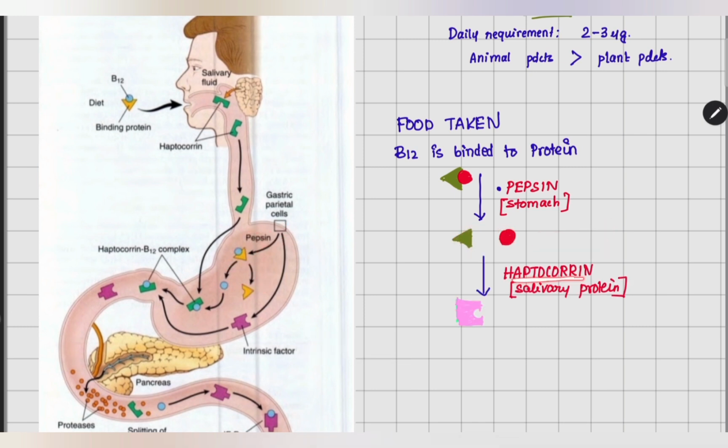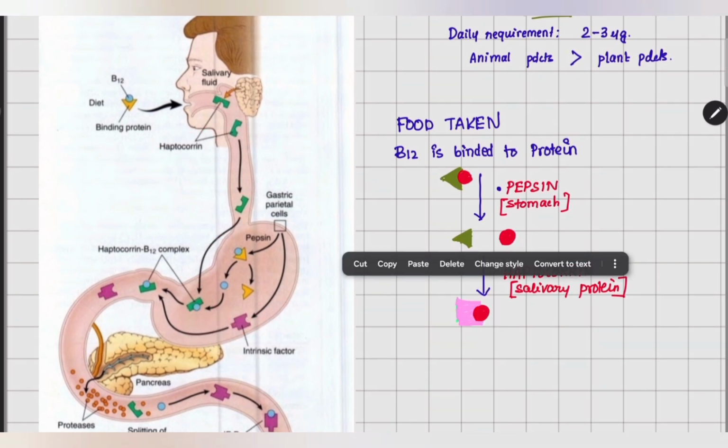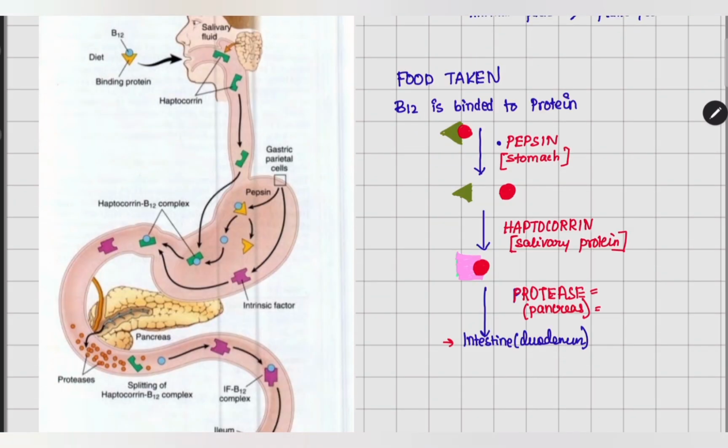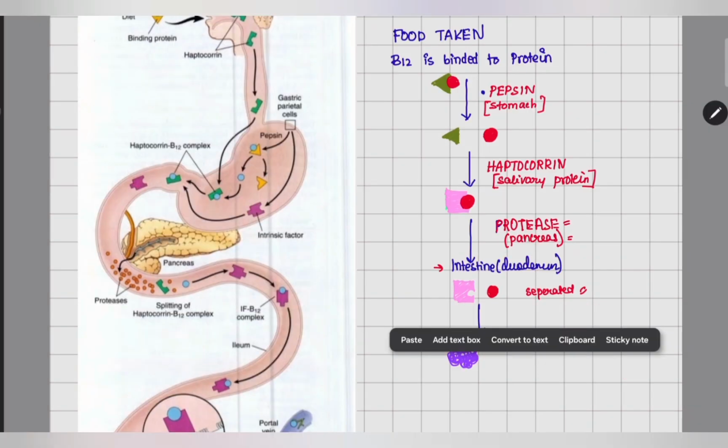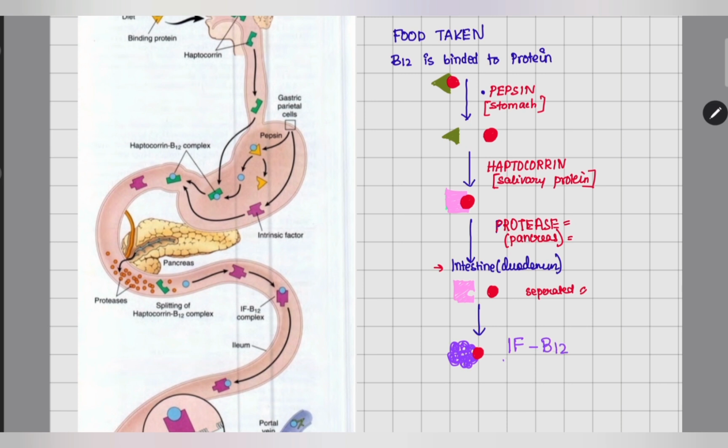Now, another element called haptocorrin, which was initially released by the salivary glands, will reach the stomach and bind to this free B12. Now, protease will come from the pancreas in the intestine. And what will happen? This will separate the haptocorrin and the B12. And this free B12 will now bind to a factor called intrinsic factor released from the parietal cells of the stomach.